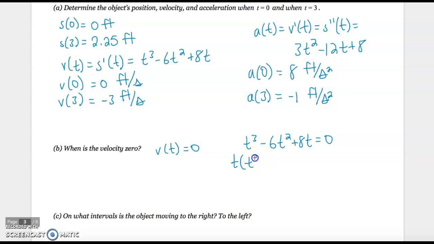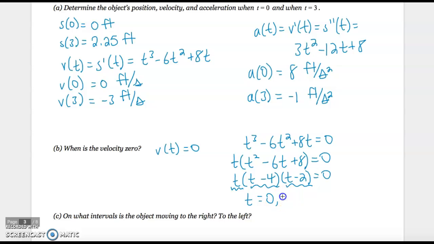So I have t squared minus 6t plus 8. And then if I factor that, it'll be t minus 4 and t minus 2. And then these are each a factor. So I'll have 3 answers, 0 seconds, 2 seconds, and 4 seconds. So those would be all the times when your velocity is 0.